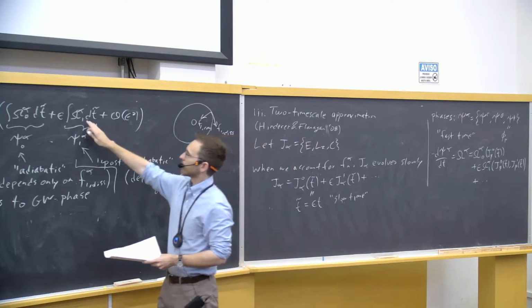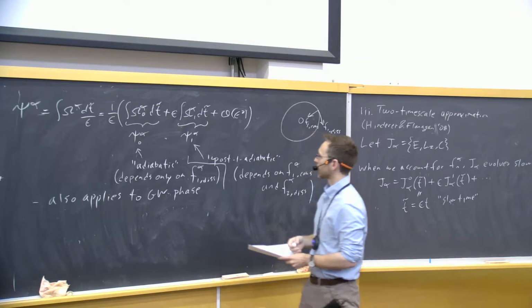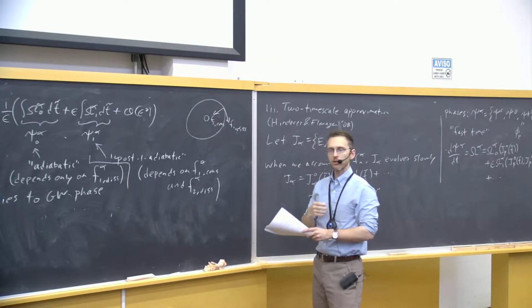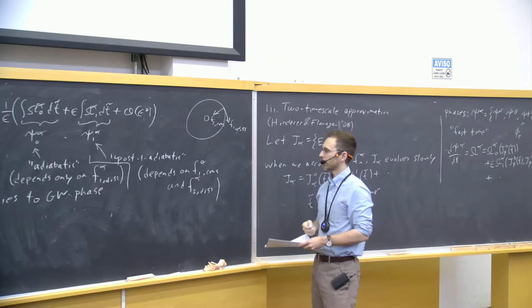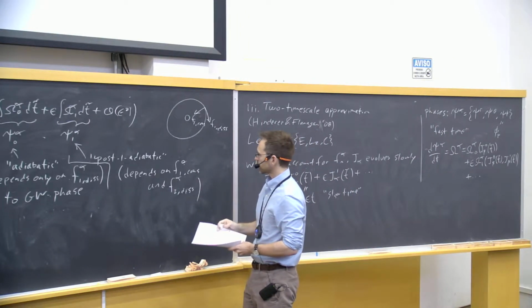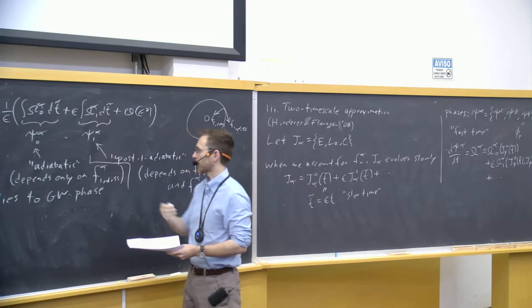But this piece here is epsilon over epsilon, which is just order 1. After a complete inspiral, that could be 1 radian, 10 radians, or 100 radians. It's independent of epsilon, so we need to keep that in our model to be accurate.